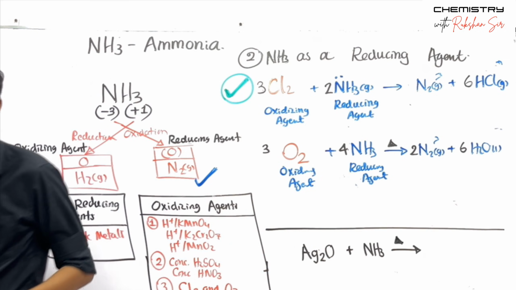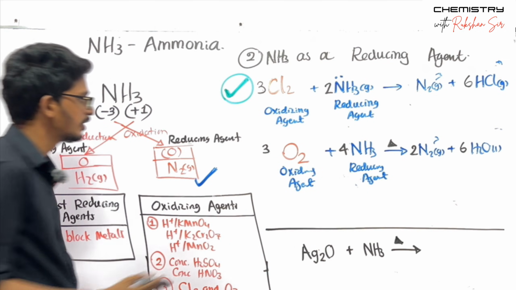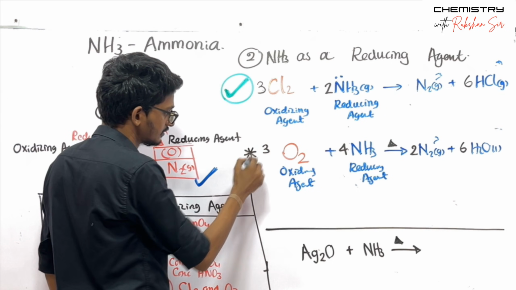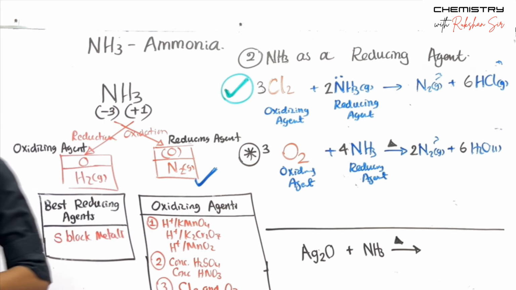I'll give you a hint, you can use this one. Tell me, what should happen? What could be the products if silver oxide reacts with ammonia?